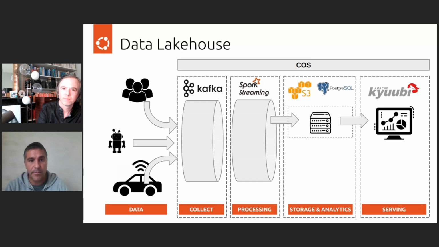A data lakehouse which is able to ingest streaming data using Kafka, and then to process this data in near real time using Spark Streaming, to then consolidate the results into an S3 object storage, and use Postgres, as Rob mentioned, to store the data catalog. So all the information about how the data is structured, divided in databases, in tables, as well as the schema of the data, to then finally expose the results using QB that Rob just discussed.